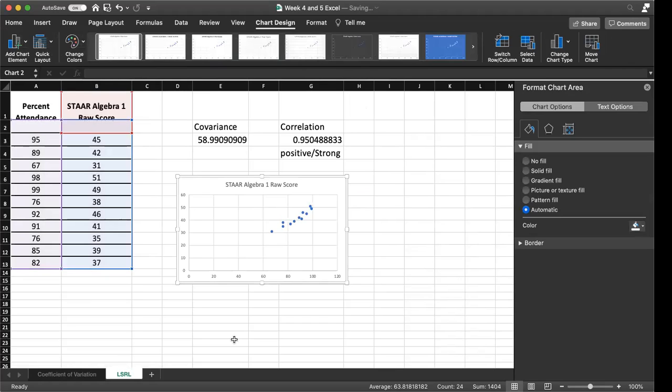The thing that's different about this now is you want to go to quick layouts, and you want to go to this chart right here, the one that has f of x, layout number 9 on mine. I don't know what the number is on yours, but it should have something that says f of x on it like this. That is telling you it's going to give you a function. And in particular, it is going to give you the linear regression equation, all right?